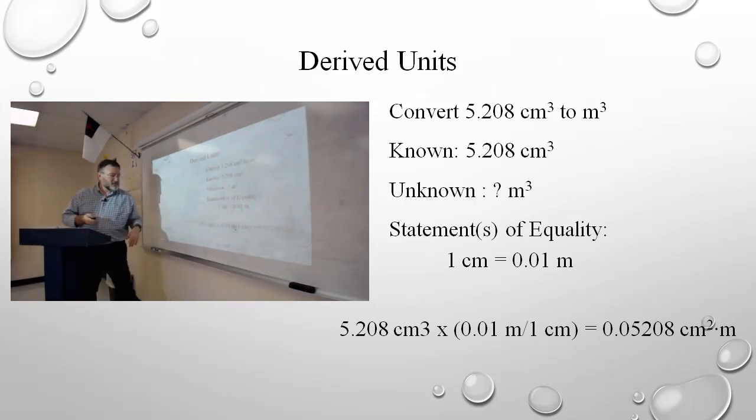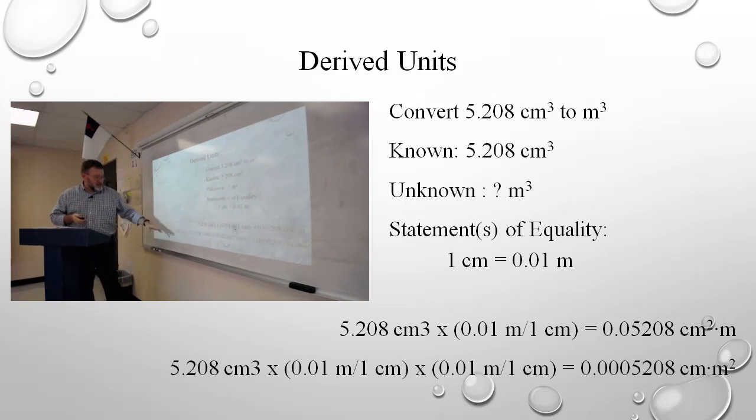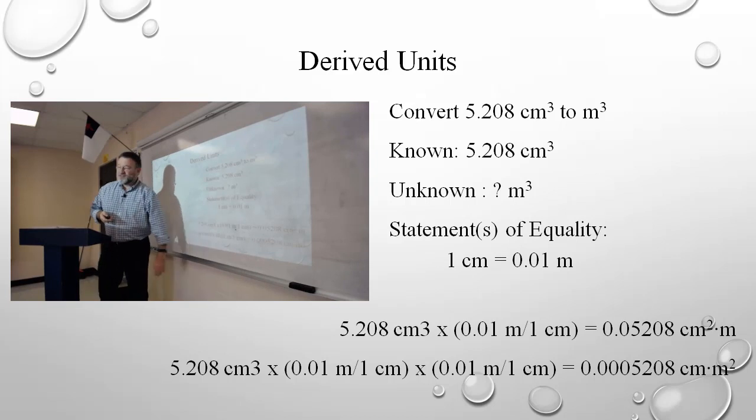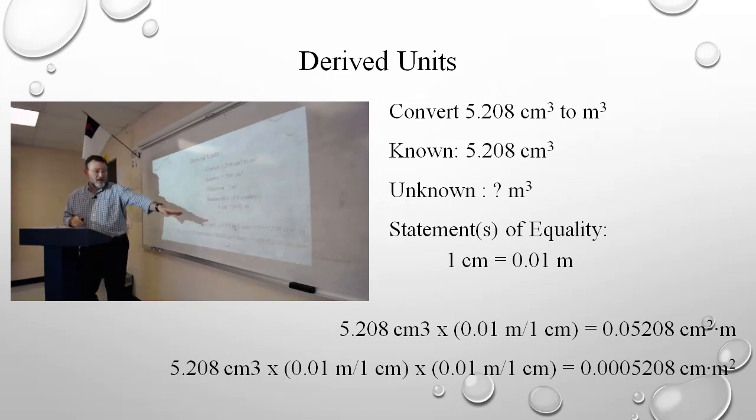If I do that same thing 2 times, centimeters cubed times meters over centimeters, meters over centimeters, now my coefficient over there, see how small it's getting? And my unit is centimeters times meters squared. What's that telling me? I've got to get rid of centimeters one more time, and I need 1 more meter in the numerator.